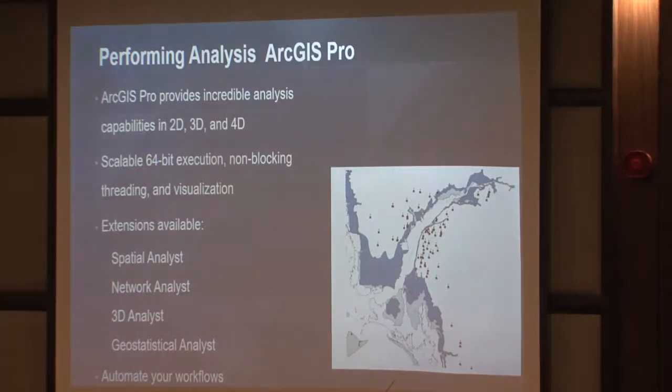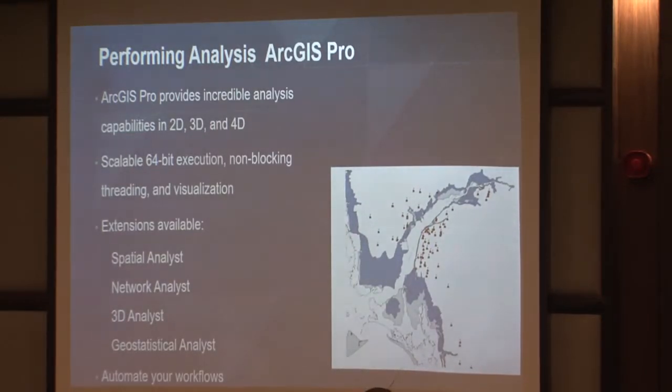But this is not the case here. You get all the functionality, all the tools of the other desktop applications, within ArcGIS Pro. The 4D is the time function. This is the time dimension. So if you need to do your analysis and you also need to consider time, you are still able to perform a 4D type of analysis within ArcGIS Pro.